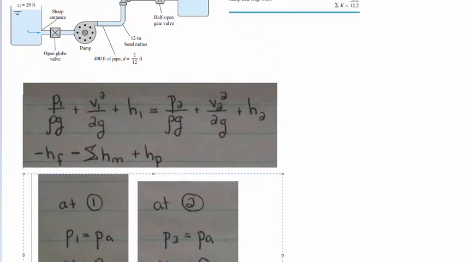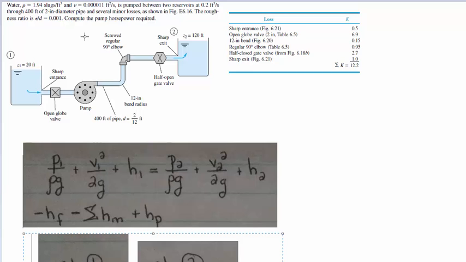So once again, we need to write down what's going on at both the points of interest in our problem. So one I'm going to be calling over here, and 2 is going to be over here. Notice the first thing is that we have bars on both sides, so we know that the pressure is going to be atmospheric on both sides, so they cancel out.